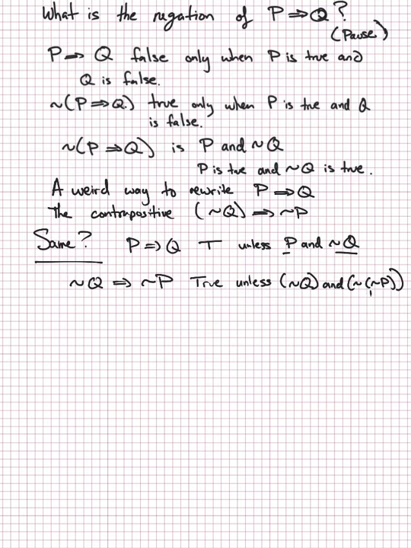But this is just P. And now we have exactly the same thing. So you can check the negation of the negation is just the original statement back. So it's not the same exact statement, but it's true exactly when the other one is true.